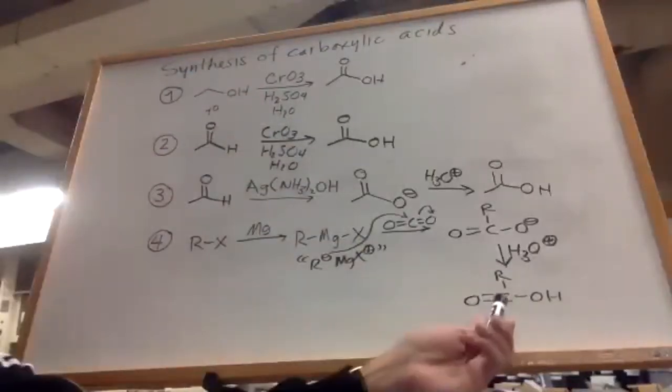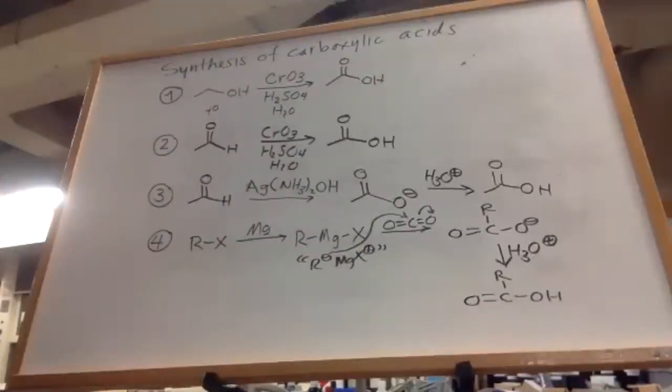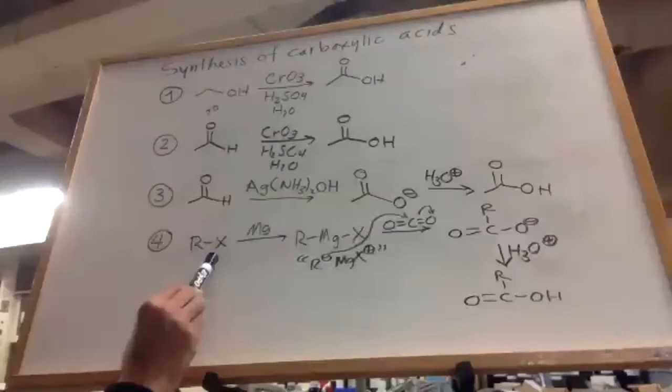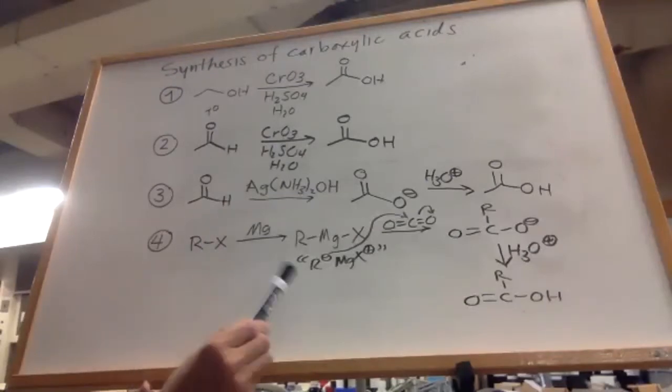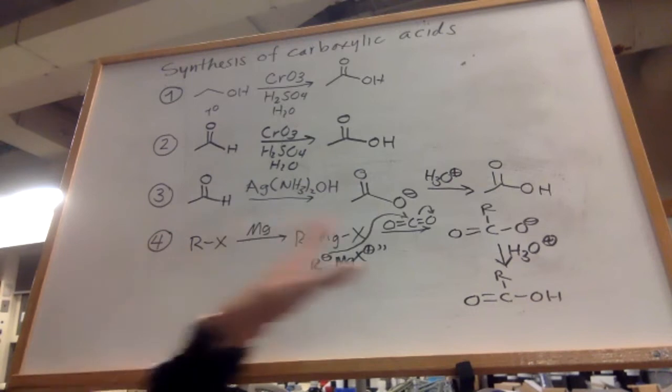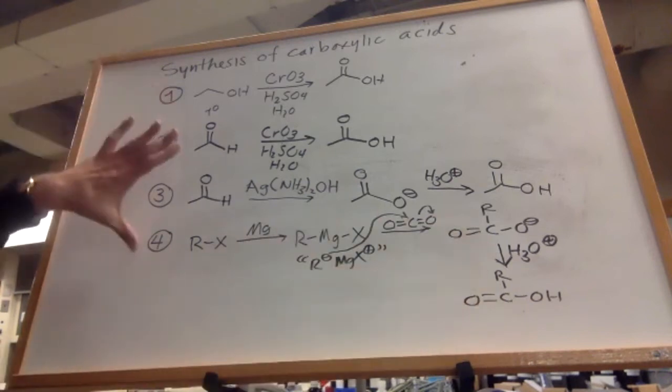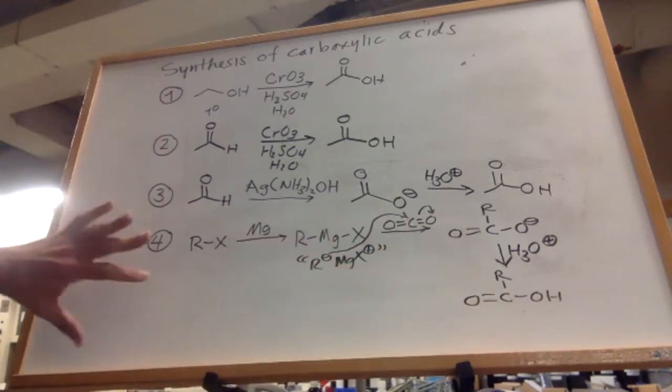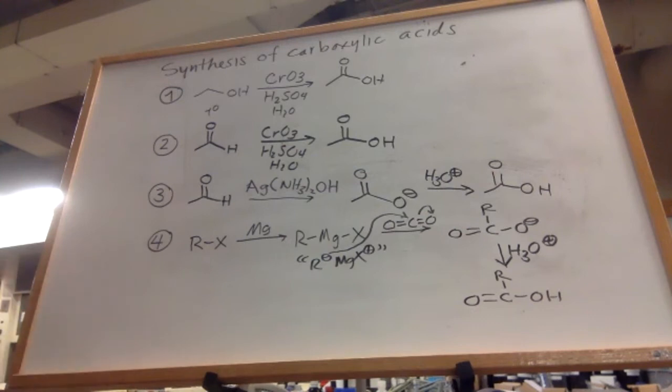But here we've added one extra carbon. The carboxylic acid carbon was not present in the organic halide that we started with to make the Grignard reagent. So this is one way that carbonation of a Grignard is different from these other methods. And there are more methods for creating a carboxylic acid.